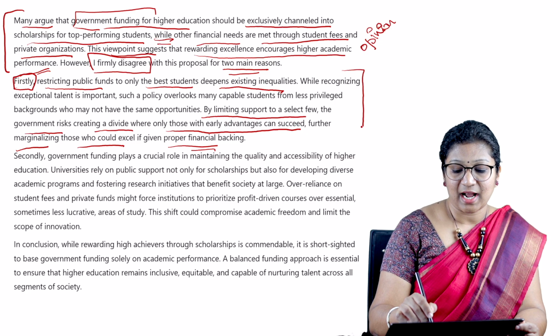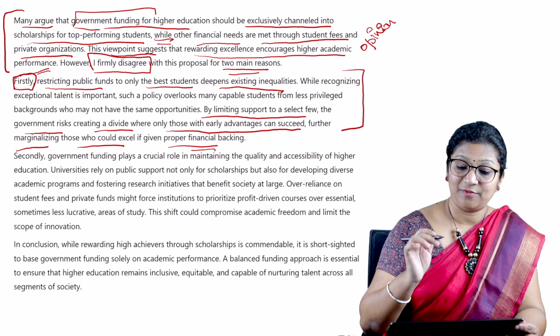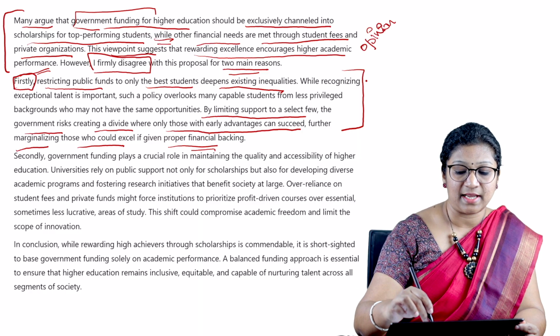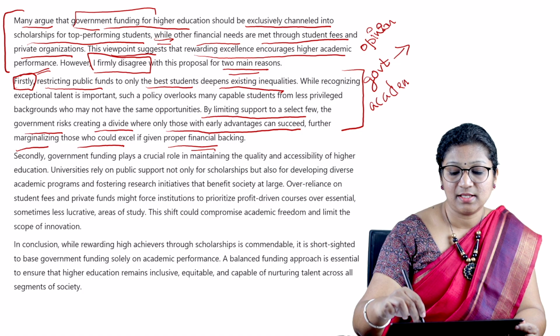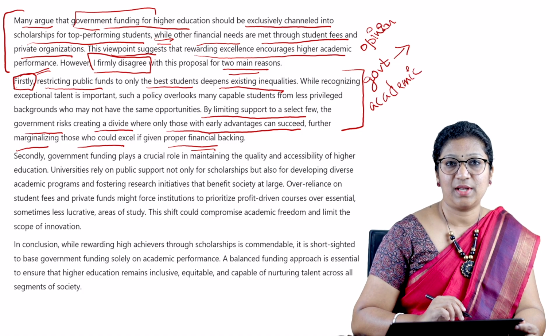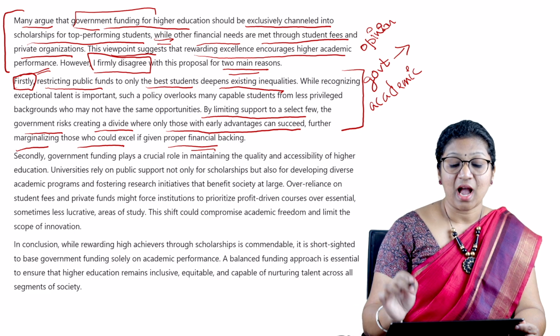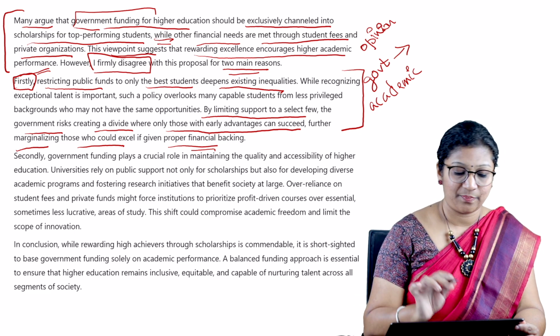So here I am identifying the first point about the government funding given only to academically sound students. Okay, academically sound students, how would that have a negative impact?